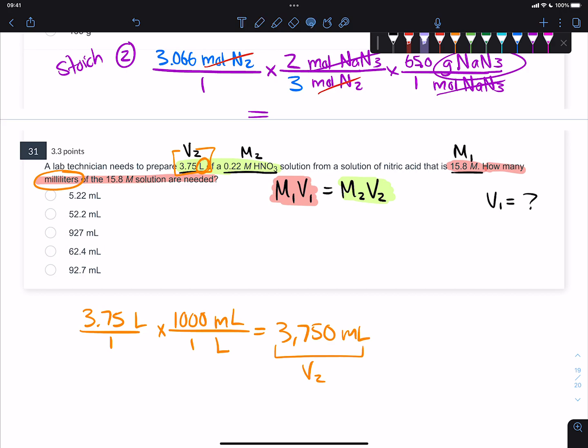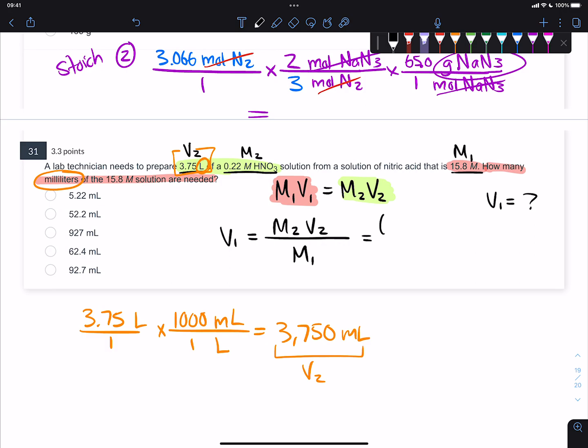So the rules of math say that if you divide everything to get V1, V1, the initial volume, is going to be equal to M2 times V2 divided by M1. And you just plug everything in. The concentration on the red side, so to speak, the concentrated solution, is 15.8. Actually, let me go back.